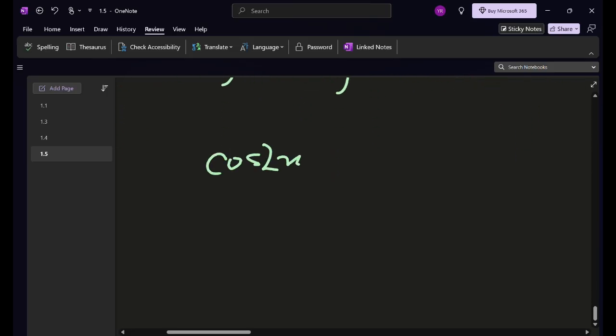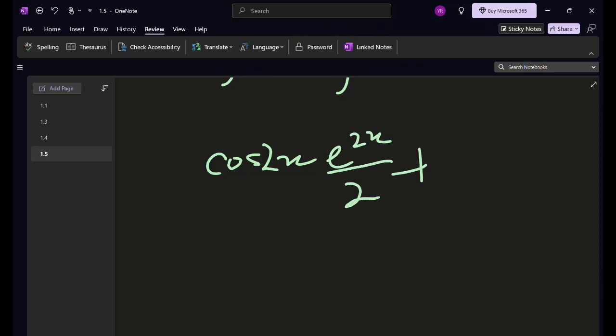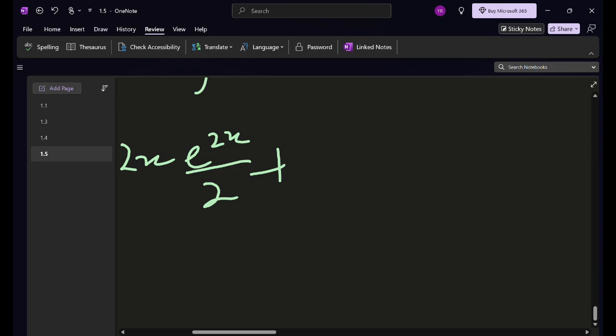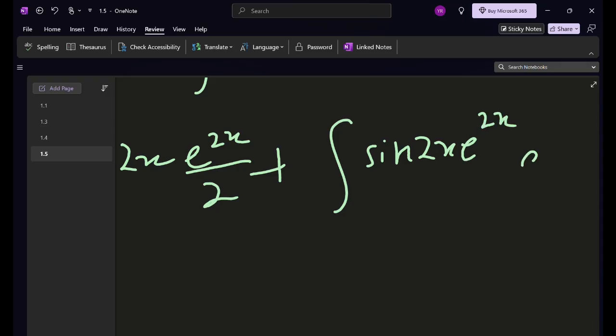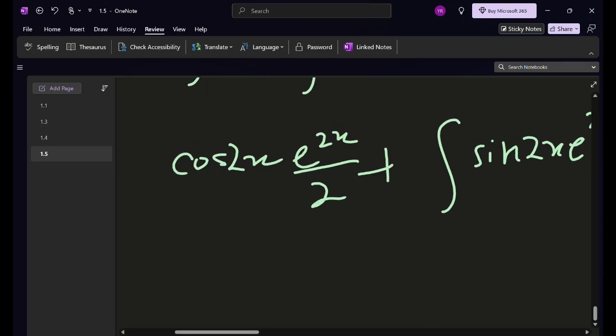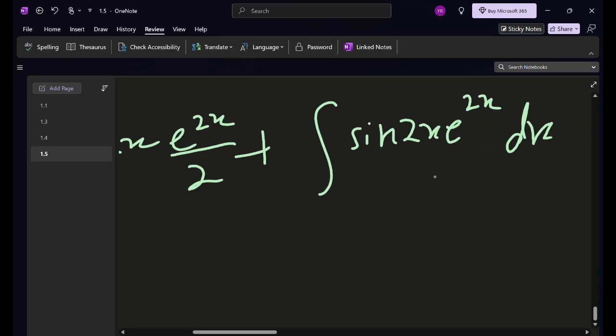So this can be written as cos 2x e to the power 2x by 2 plus the integral of sine 2x e to the power 2x dx.